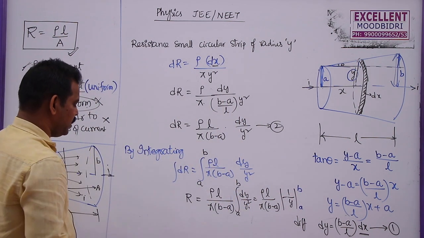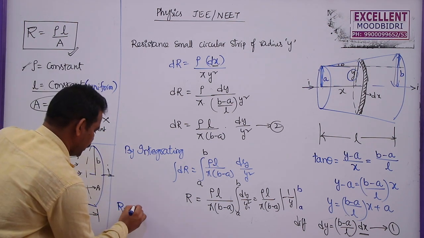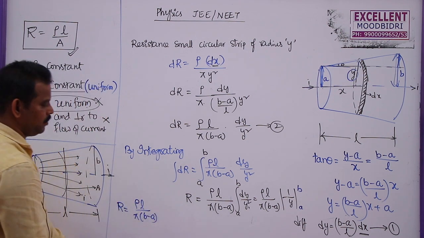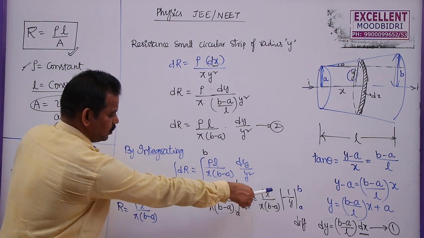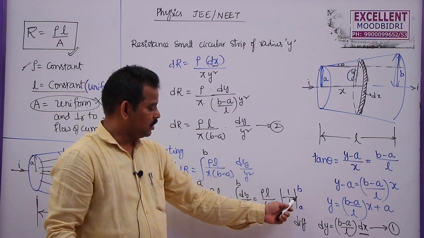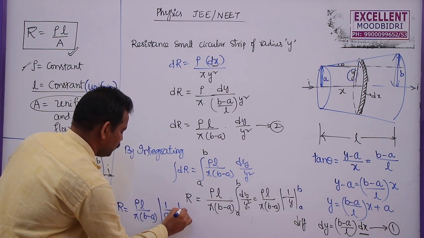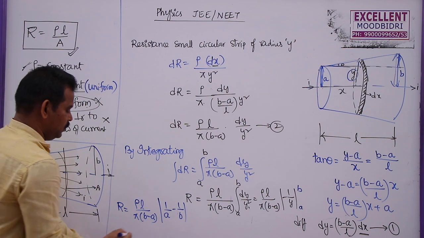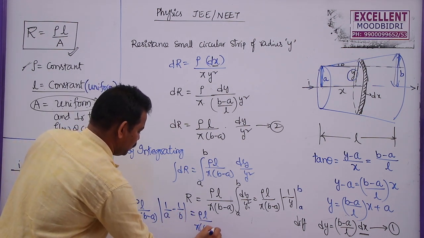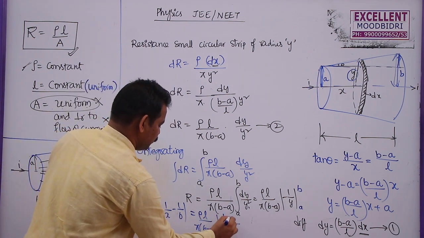Now substitute this a and b. The resistance of this frustum of cone is given by rho L by pi into b minus a, which is constant, times upper limit minus 1 by b, minus of minus 1 by a, this will become 1 by a minus 1 by b. So this is rho L by pi into b minus a. Take LCM, this is ab, so this will become b minus a.